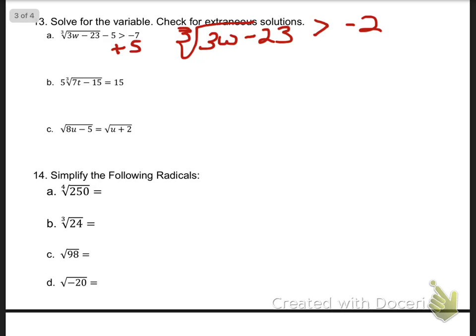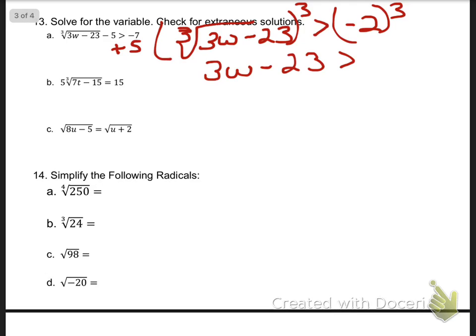Okay, so here we're solving, and do you see that I just started it already? I added that. So it's a cube root, so I'm going to cube both sides. And so I get 3w minus 23 is greater than negative 2 cubed, which is negative 8.